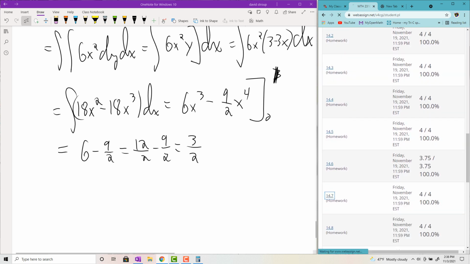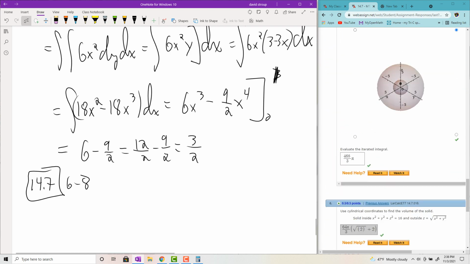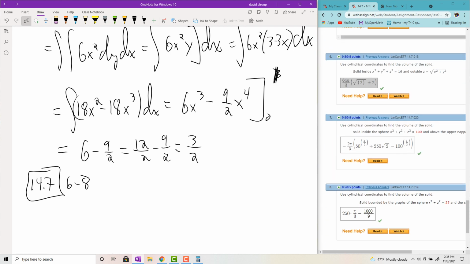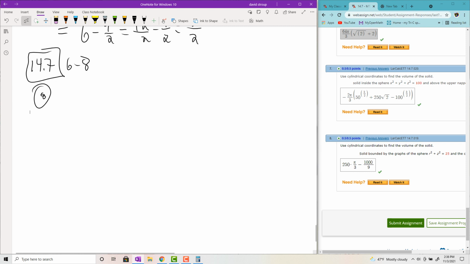So this is now 14.7. Questions 6 to 8 are fair game. So not a lot of questions to choose from, really. Most of them are just, do you know how to evaluate triple integrals? But these last ones were kind of a little more challenging. So let me try number 8. And I'm not going to put anything crazy on the test. This problem does get kind of crazy, though.